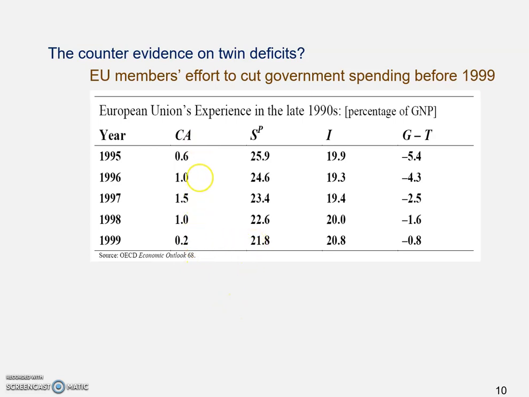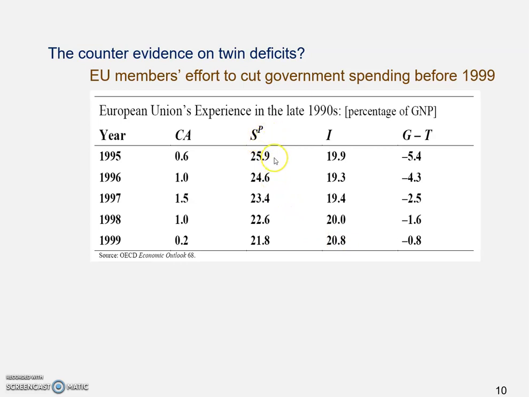Now, what happened here? That's why we put the private saving and investment in the table as well. As you can see, the investment stays almost the same, right? It increased, but less than 1 percentage point of their gross national product, from 19.9 to 20.8%. The interesting thing happened here.